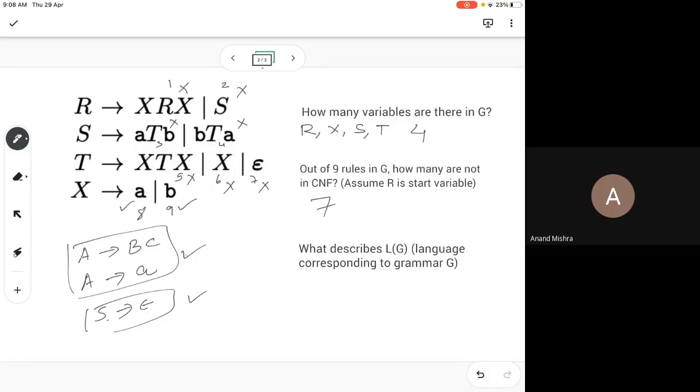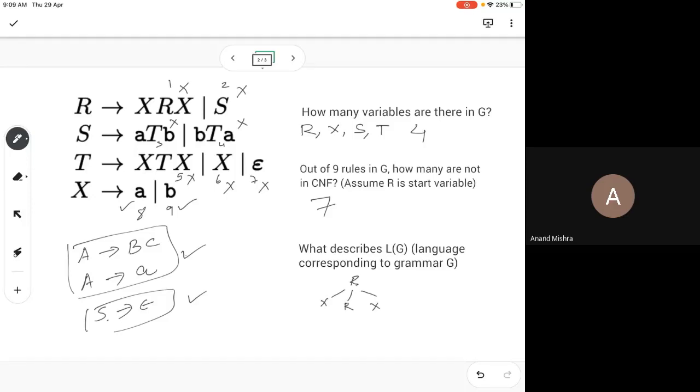All right. What describes language G? The language corresponding to this grammar. Many people made a mistake by calling it a palindrome, but it is not a palindrome. Looking at the first production rule, R implies XRX, it looks like it is a palindrome.